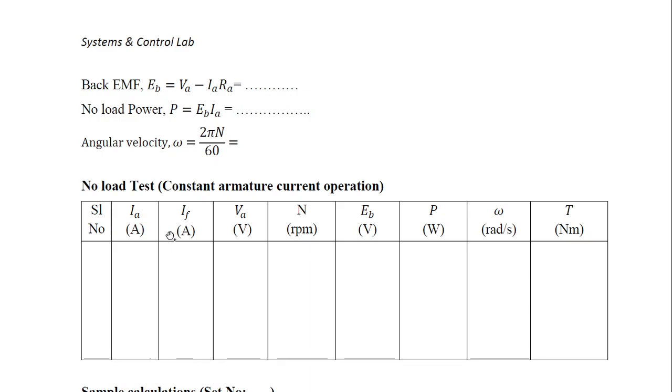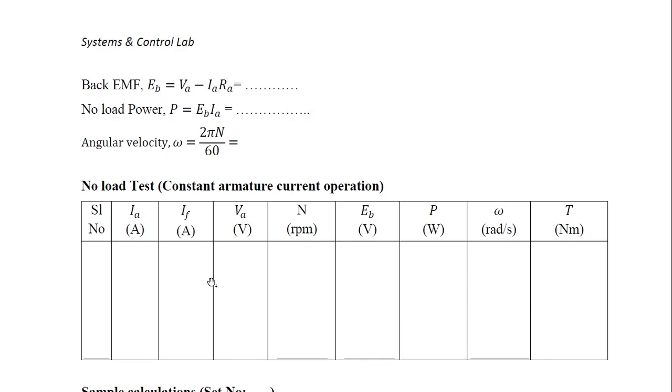First of all you will be keeping the field rheostat in minimum position, then you have to increase the value of the field rheostat, so that the field current will be decreased. Like that, you have to take the readings up to 60% of the rated field current, so that you will get all the values of torque corresponding to different field current values.